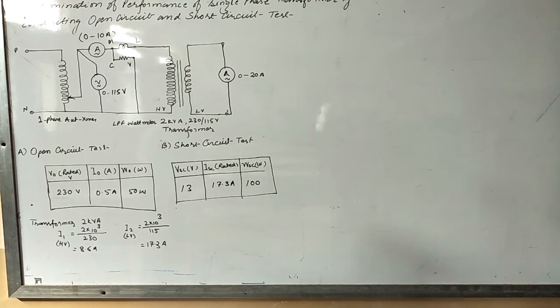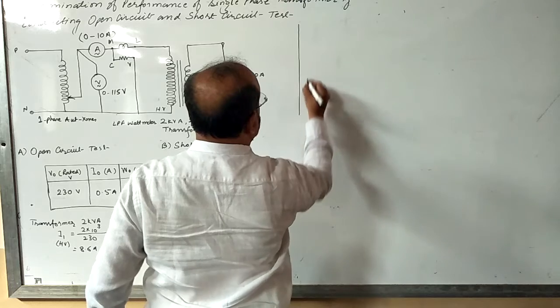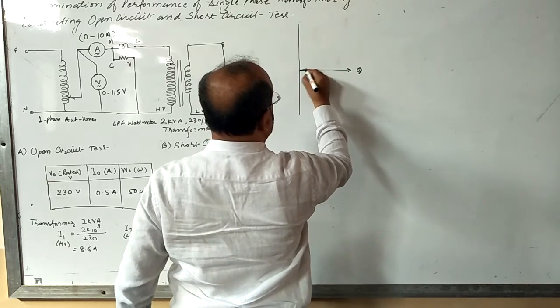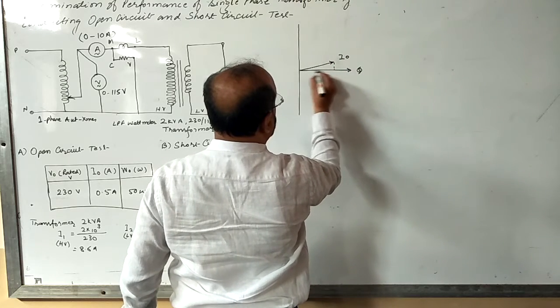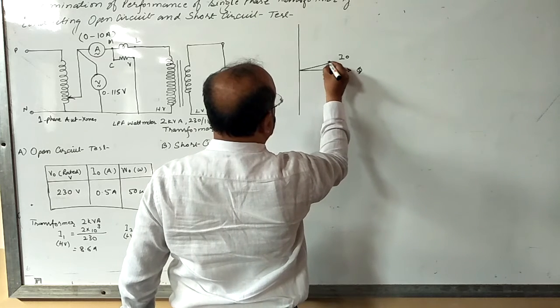Now how to do the calculation? What would be the vector diagram for the no load test? This is your flux phi. This is the no load current I0. This component is I mu, the magnetizing component.